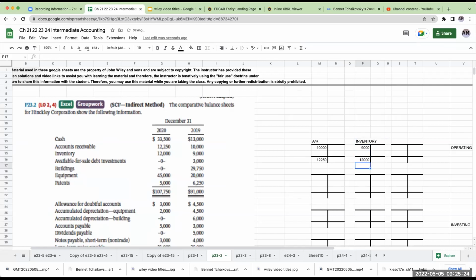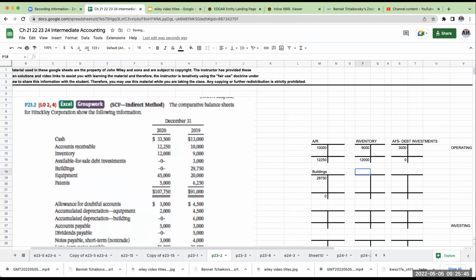Ending balance is 12,000. Over here, we have available for sale debt investments. Opening balance of 3,000, ending balance of 0. We have buildings. Opening balance of 29,750, ending balance of 0. We have equipment. Opening balance of 20,000, ending balance of 45,000. And we have patents.